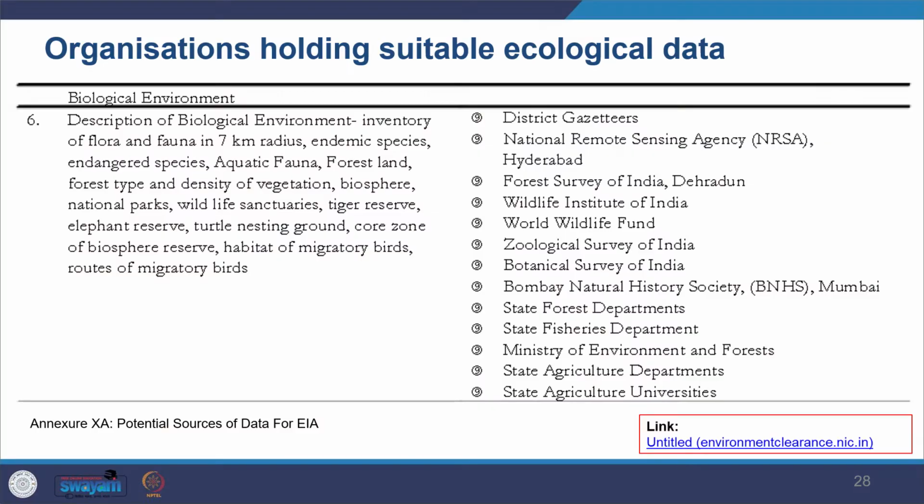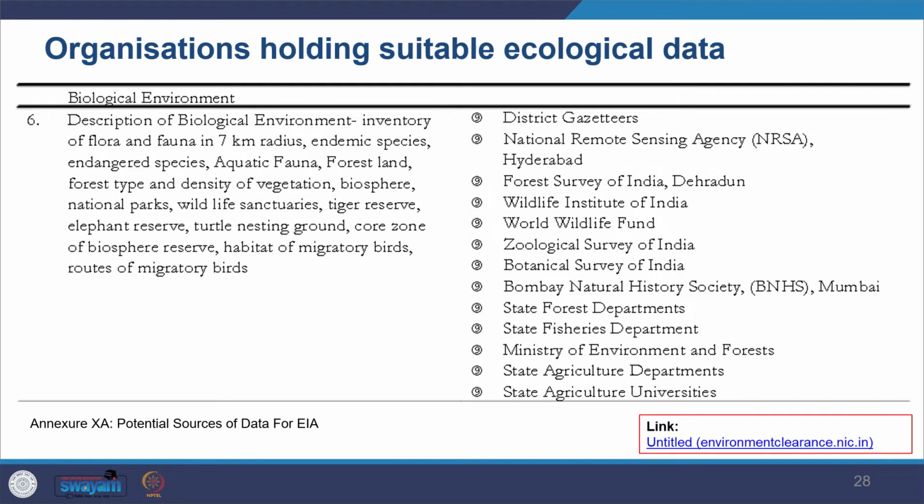Here you can see, as per the manual, which I have again taken from the thermal power plant manual, what the different sources of data are for ecological purposes. For biological environments, it covers the inventory of flora and fauna within a certain radius, and identifying all kinds of species, endangered species, aquatic fauna, forest land, forest type, density of vegetation, and so on. The source of information is district gazetteers.